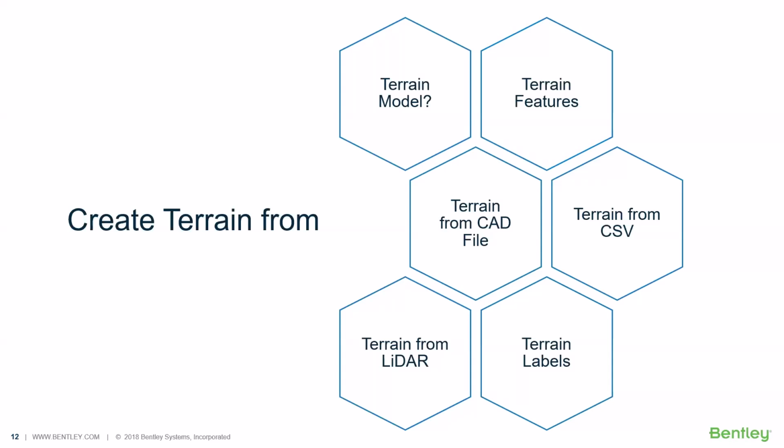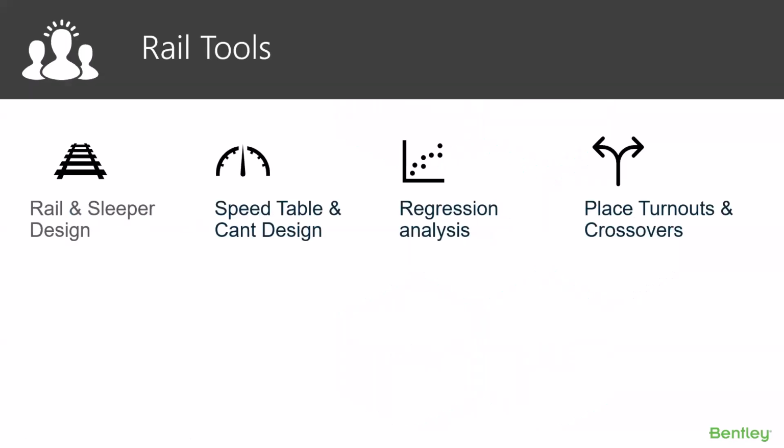And then something on the rise right now is photos, drone imagery or LiDAR, which contains millions of points, very detailed, very dense data that you can process using OpenRoads Designer and OpenRail Designer.